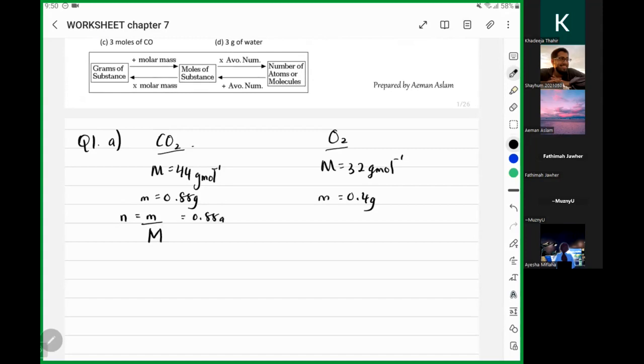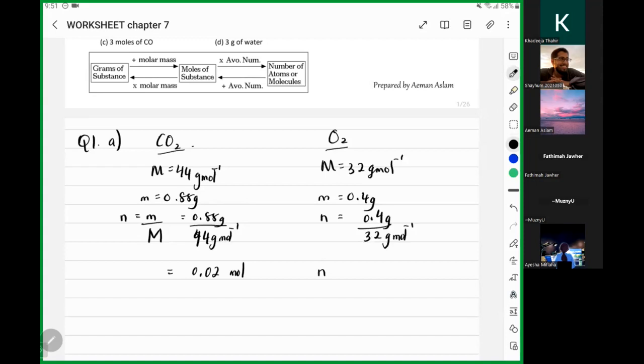0.88 grams divided by 44 grams per mole. So it is 0.02. Then here n equals 0.4 divided by 32 grams per mole.